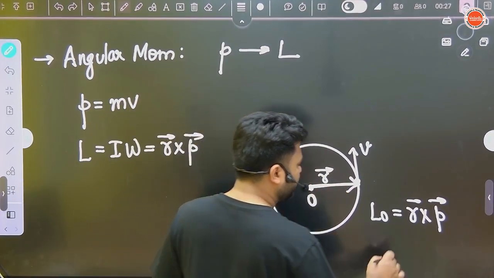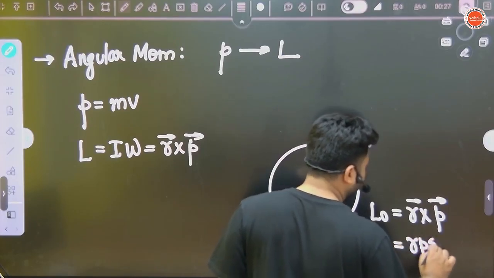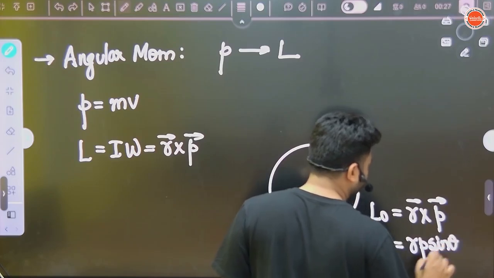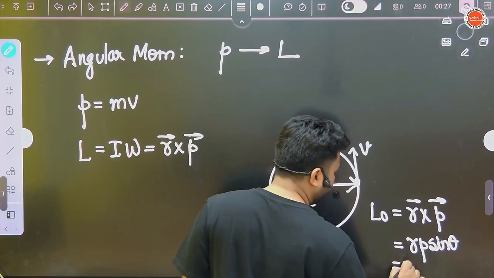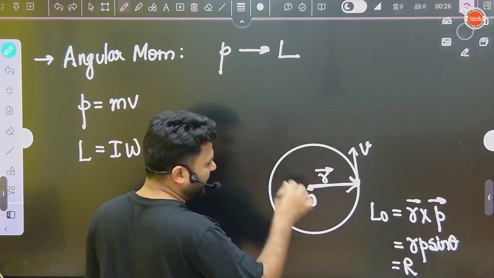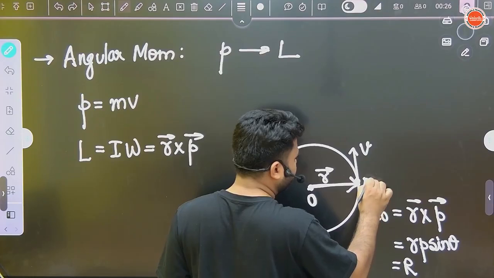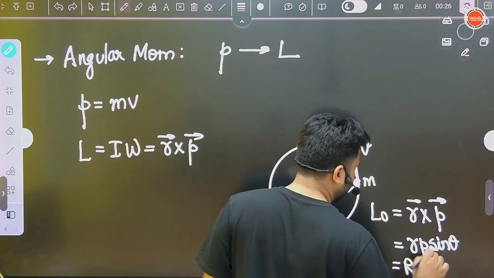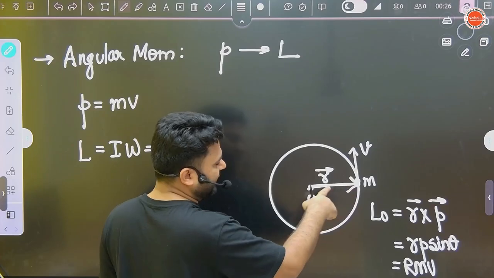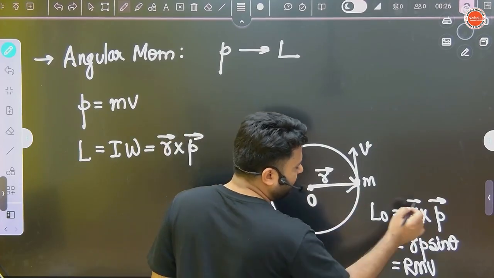Here R cross P, like A cross B is AB sin theta, will be RP sin theta. In this case R is the radius. P, momentum, means mass into velocity. Suppose the mass of the ant is m, so m into velocity. Sin theta, here theta is the angle between the R vector and P vector.